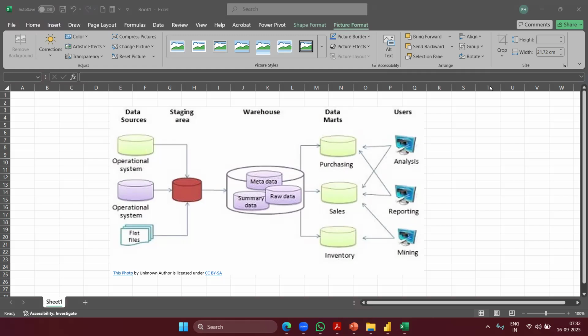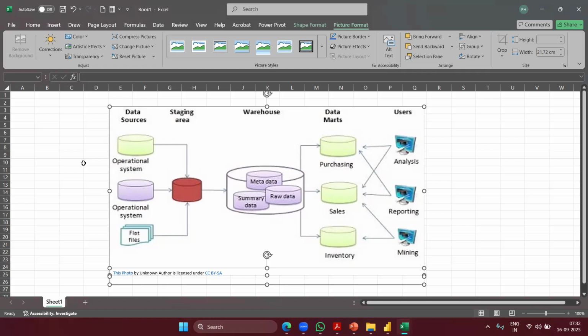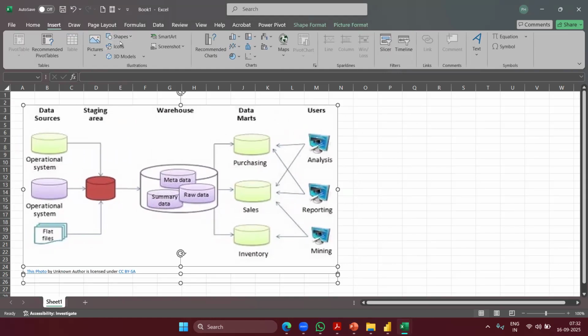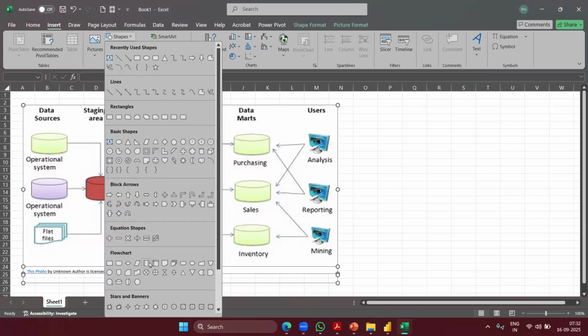In the previous example, in the first half, we said that a lot of operational systems are built to manage our day-to-day activities. If you consider this as a database, just remember some shapes. Whenever you want to represent a database, we use this shape.